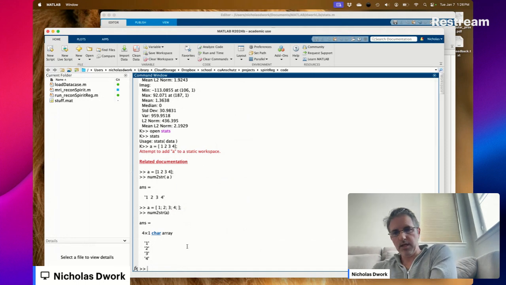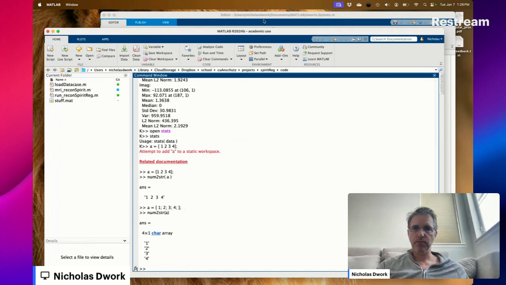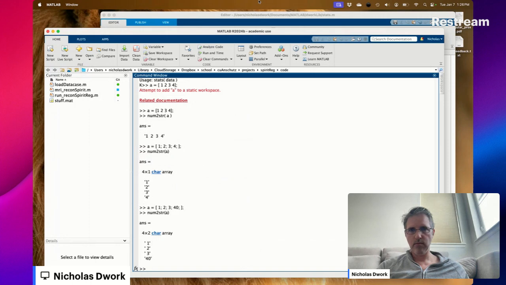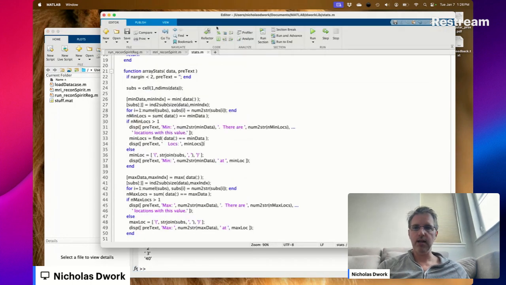Yeah, this gives me a 4x1 character array. That's a 4x2 character array. That's interesting. Okay. That is not what I want. So what do I want?